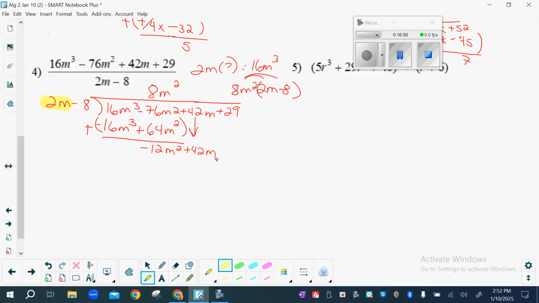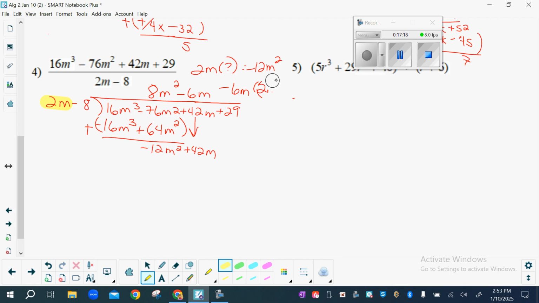And what do we multiply 2m by to get negative 12m squared? Somebody besides Derek in this group, what do we multiply 2m by to get negative 12m squared? Negative 6. Good. Negative 6m. Negative 6m times 2m minus 8.